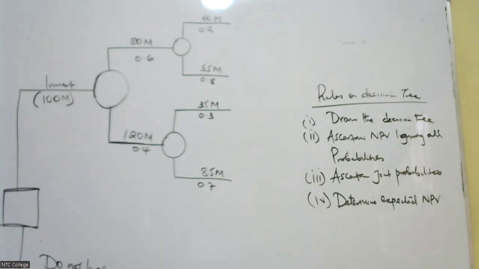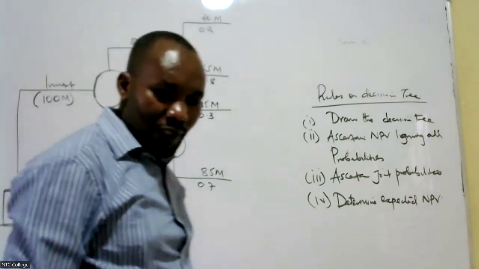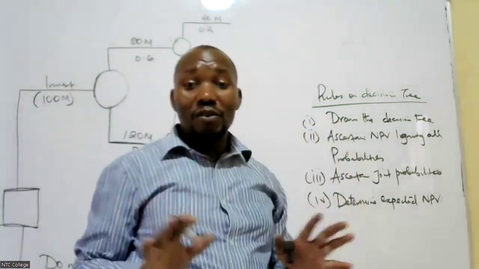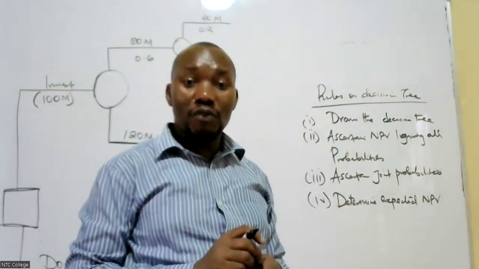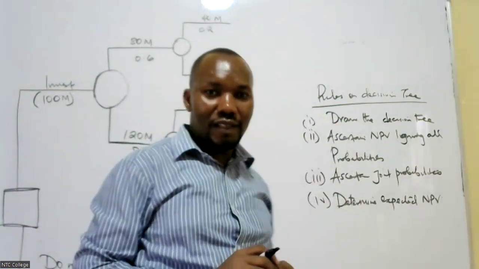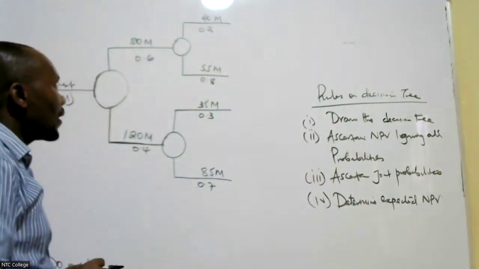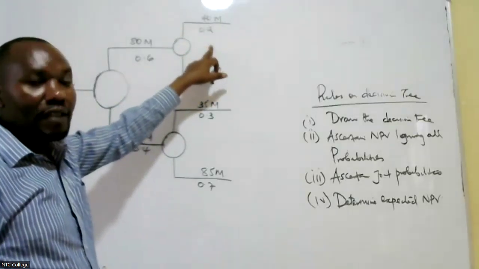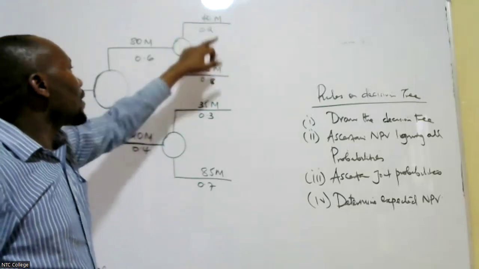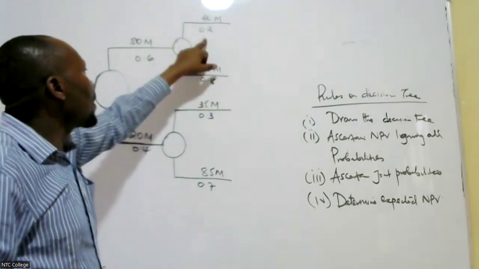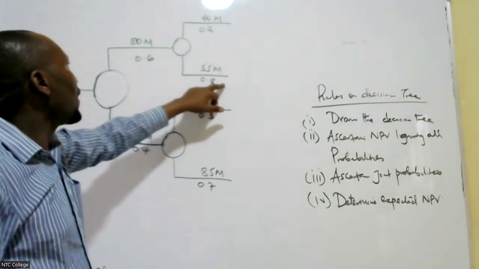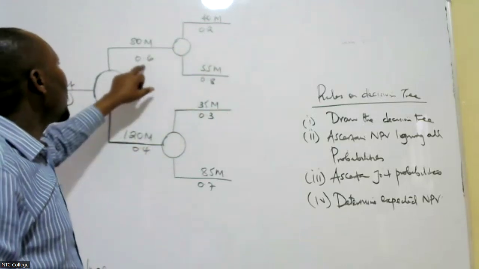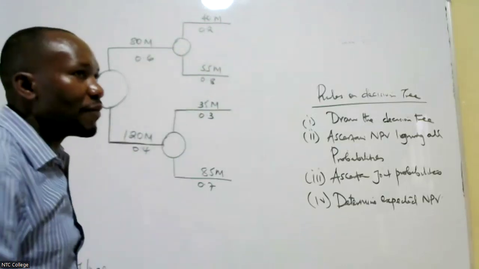Yeah. So what we are saying, and I want you to listen carefully, I don't want you to get confused. There are two ways of calculating this. You can decide to get the NPV for year 2. How do you get it? You take this times this one times this, plus this times this, then you bring it here, multiply this, you get NPV.